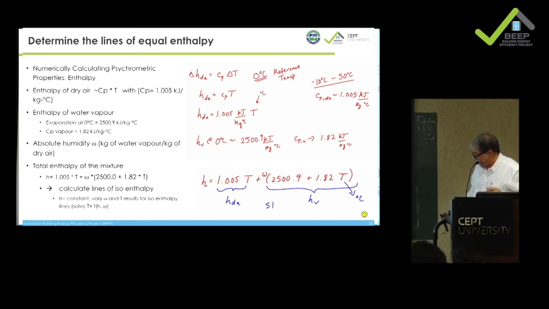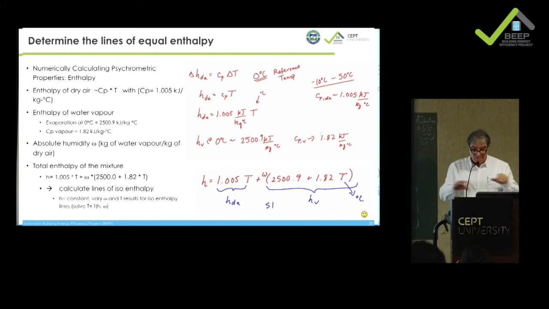And this is then multiplied by the latent heat plus the temperature of the vapor. And by adding all this, you get this very simple equation. And if you solve this equation for temperature and absolute humidity, you will get a straight line. We'll see that after.